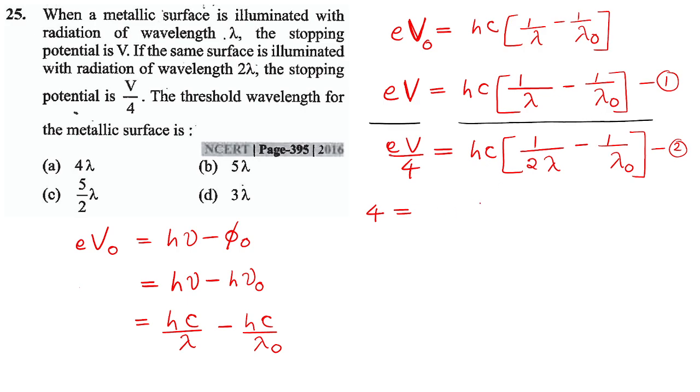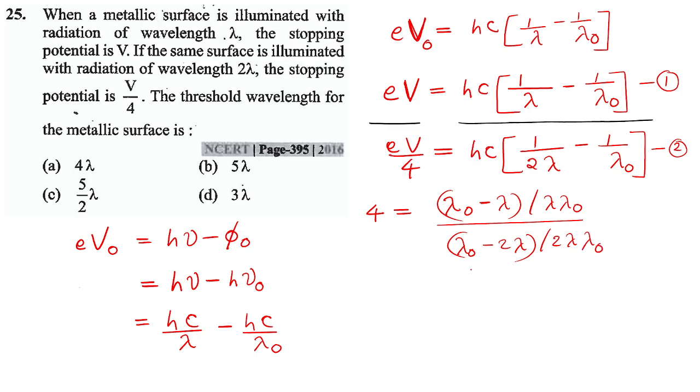Doing the cross multiplication on the right hand side gives lambda 0 minus lambda divided by lambda lambda 0, and here also lambda 0 minus 2 lambda divided by 2 lambda lambda 0. So lambda 0 will be cancelled, numerator and denominator.